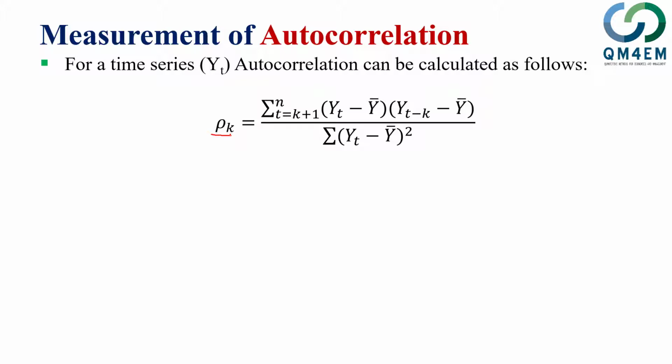If I'm considering yt with yt-1 or with yt-2, then if it's yt-1, this will be just rho or rho 1, and rho 2 could be yt and yt-2, and similarly rho 3 could be yt and yt-3 correlation. If you look at the denominator term here, it's a square instead of the deviations of two variables, under the root.